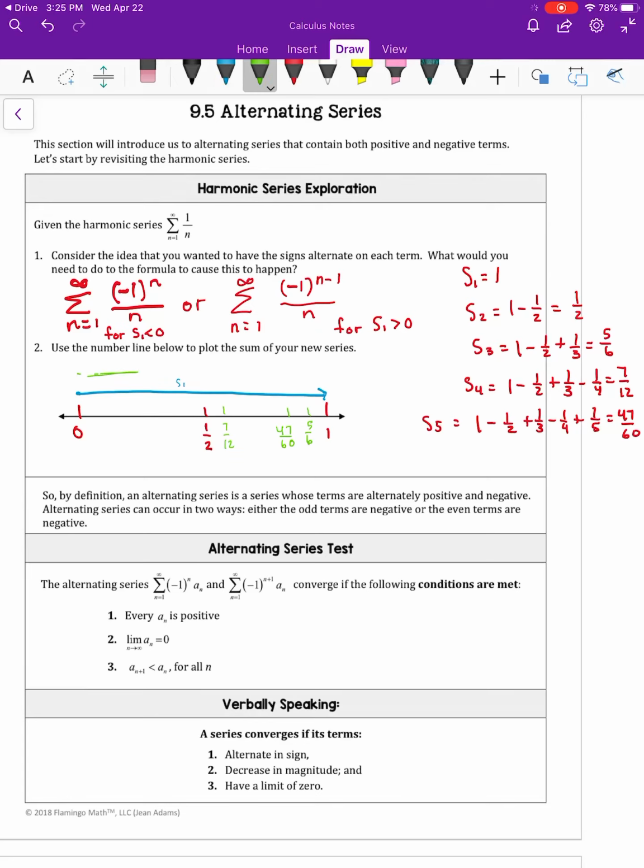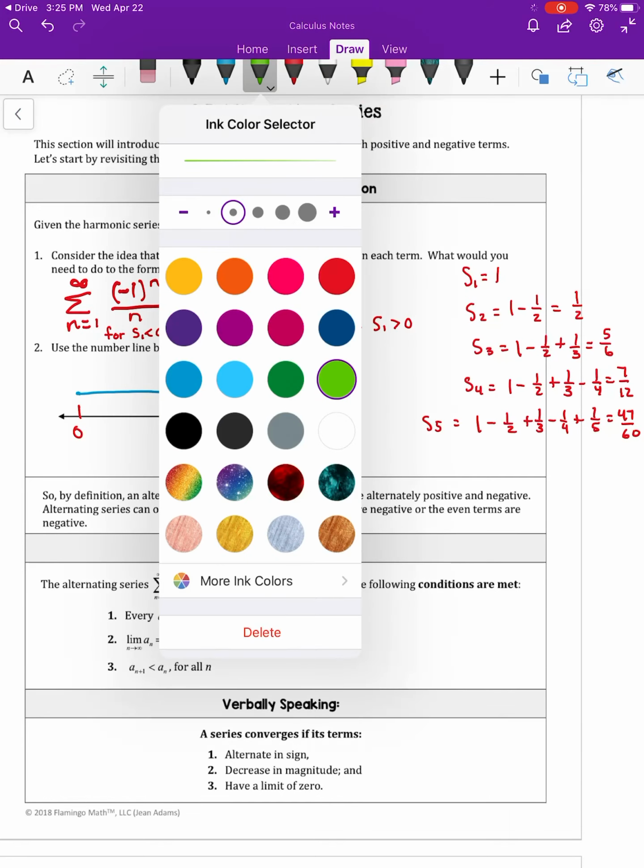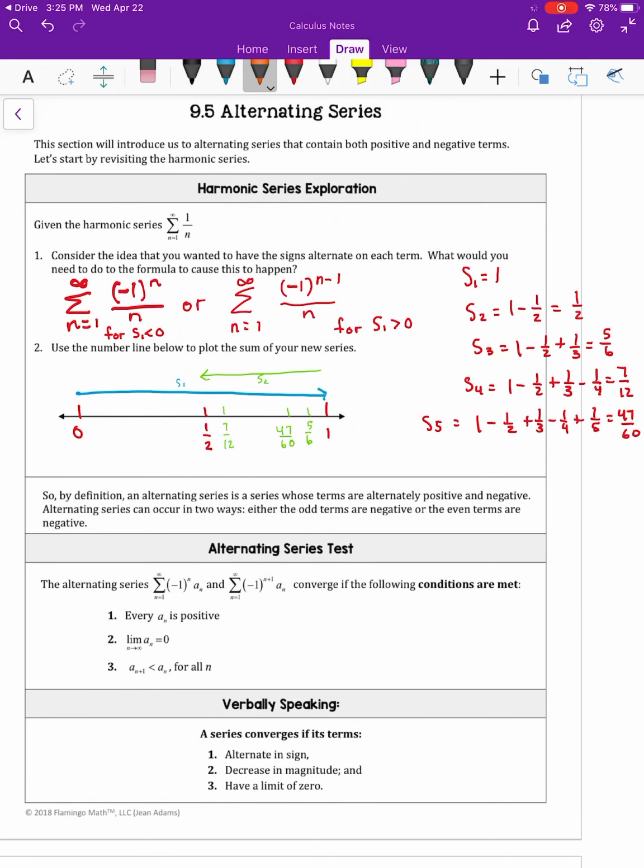You wanted to know where all these sums were, because we're going to say our first sum was 1. Our second sum was 1/2. Actually, I want to draw it a little bit differently because I think it will help.